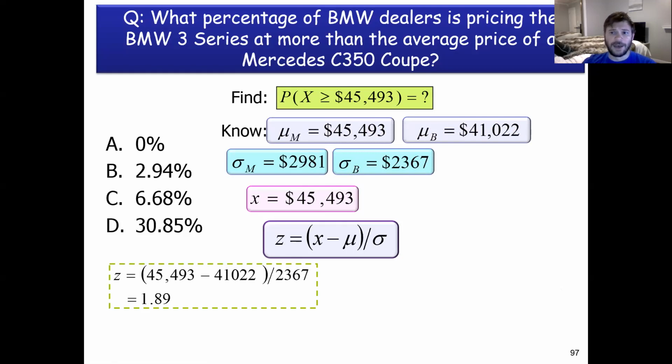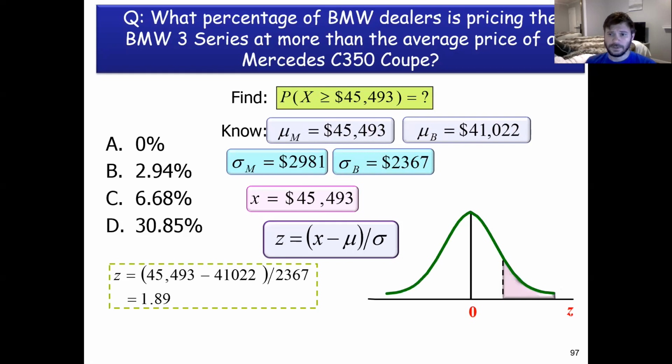You'll note now we are to the right side of the mean, dealing with the Z value of 1.89. So what we're going to have to do here is find the table value associated with 1.89. That gives us the area of this white region. And then I can subtract that white region from 0.5, the entire right half of the standard normal distribution. Now, take a moment.